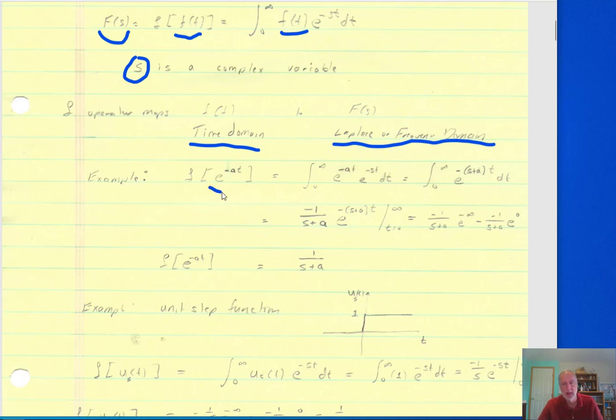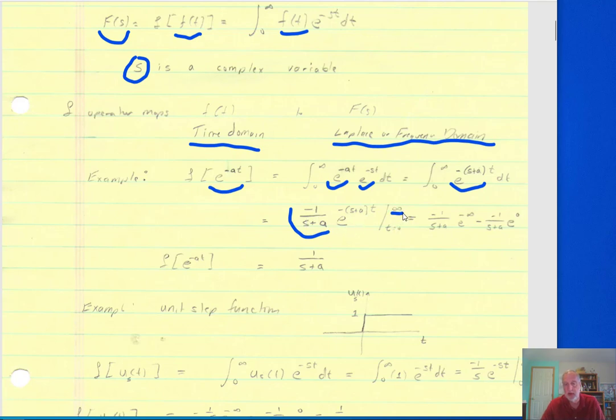Here's an example, actually a couple examples. If we have a function e to the minus at, which we'll actually see a lot when we solve differential equations, you put e to the minus at into the formula, which multiplies by e to the minus st. Combine the two exponentials together. When you integrate, you get 1 over s plus a, with the minus sign, evaluated at the limits.